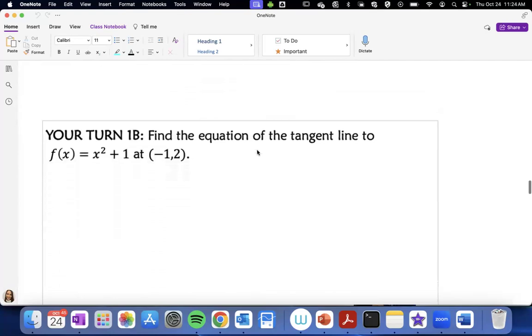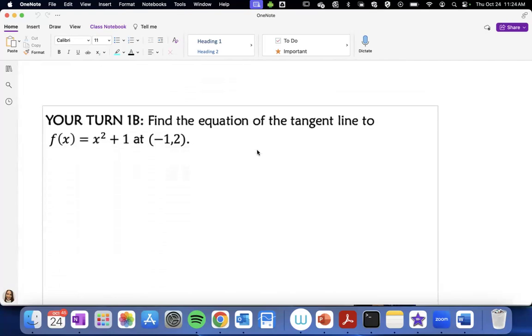On to part B. If I know f prime of x is 2x, what am I plugging in if I'm asked to find it at negative 1, 2? I plug in negative 1 for x. So you find f prime of negative 1. First find the slope.